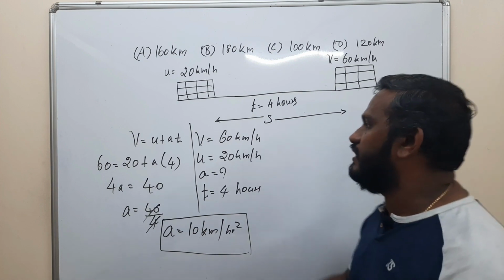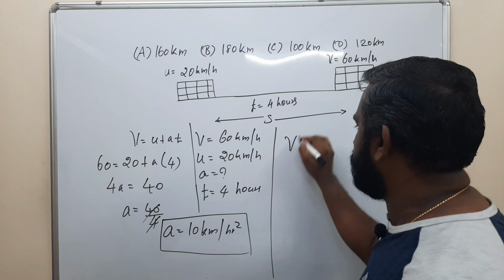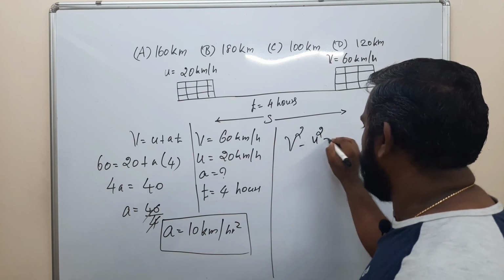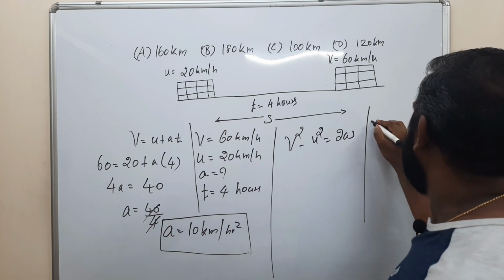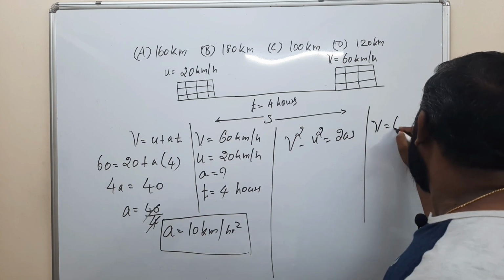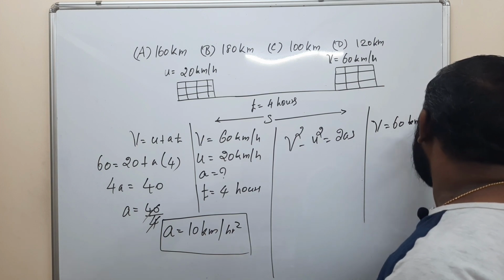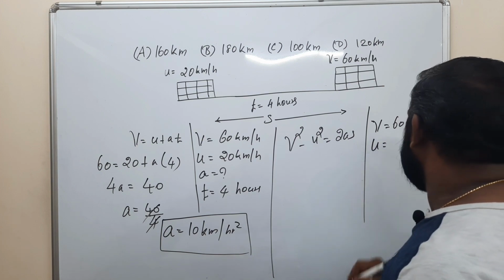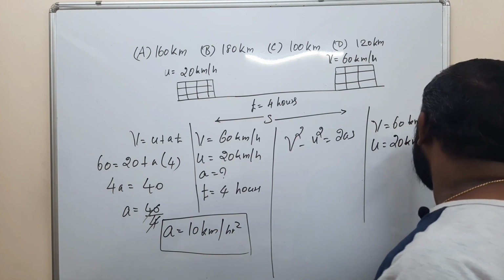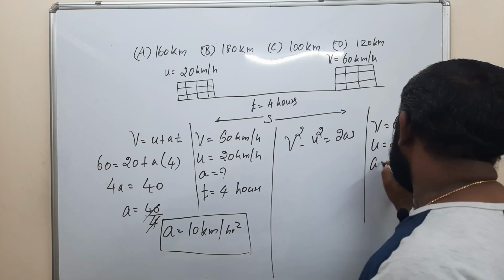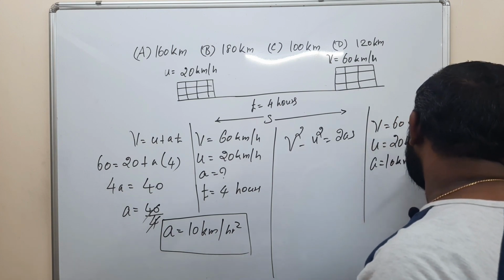Next we can find the distance travelled by the train. I am using the kinematic equation v square minus u square is equal to 2as. The final velocity is v equal to 60 kilometer per hour. The initial velocity u is 20 kilometer per hour. The acceleration a is 10 kilometer per hour square.